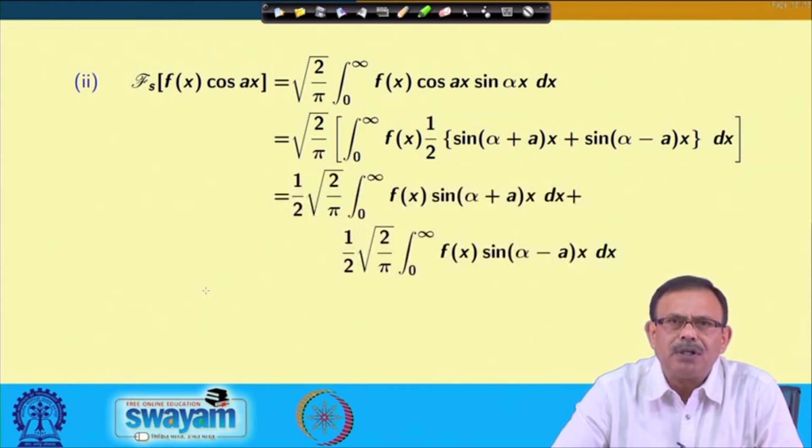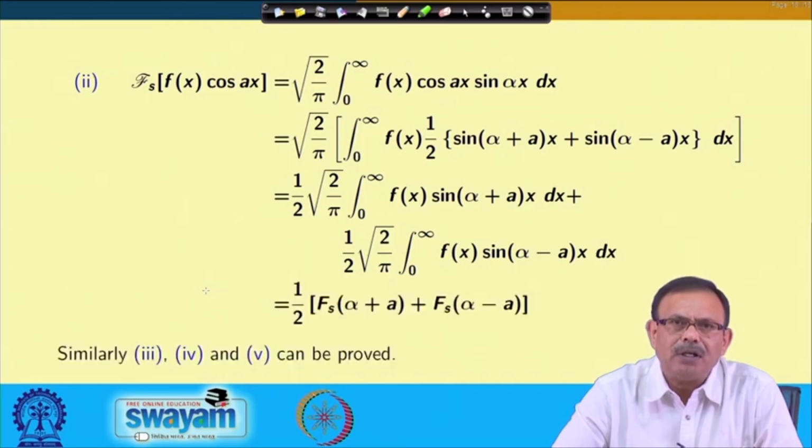Now, separate these two integrals. The first integral again is nothing but 0 to infinity f x sine of alpha plus a x into dx, which is nothing but the Fourier transform of f of x plus a. So I am writing half into Fourier sine transform of alpha plus a plus Fourier sine transform of alpha minus a.